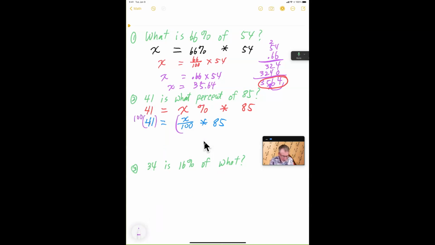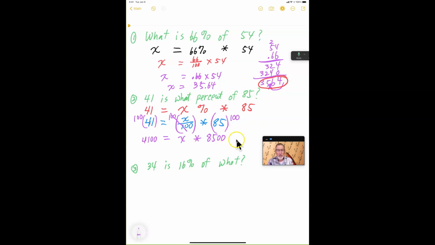And this is partly a luxury we can afford because we can use the calculators, right? So we multiply each of the terms by 100, and then we can get rid of this fraction. So then we have 4100 is equal to, and 100 times x over 100, the hundreds disappear, leaving x times 8,500, right?